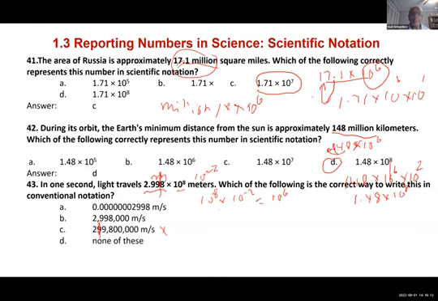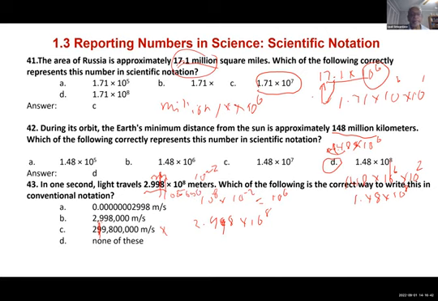I'm messing it up. 2.998 times 10 to the 8. I'm making it more difficult. So in this number, you have to move the decimal place 8 places. 1, 2, 3, 4, 5, 6, 7, 8.